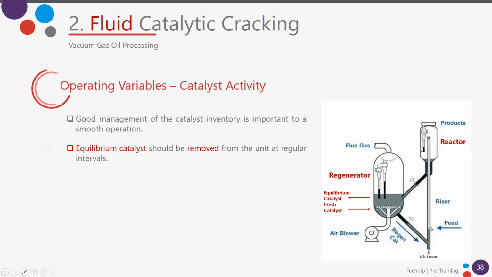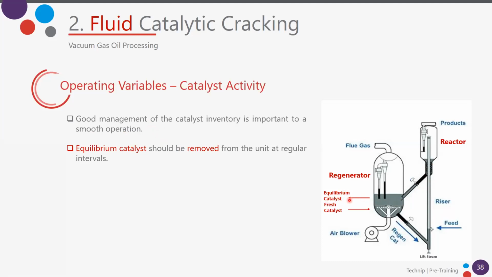The other variable that we can handle is the catalyst activity. This catalyst activity requires very good management of the catalyst inventory for a smooth operation. Okay, as we have seen before, we have the equilibrium catalyst, that is the catalyst that has been in contact with the feedstock that is circulating in the system.